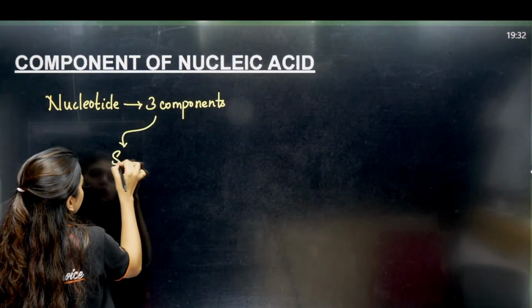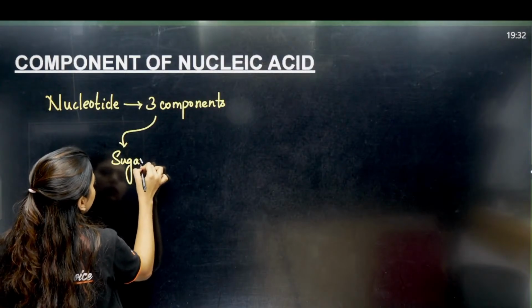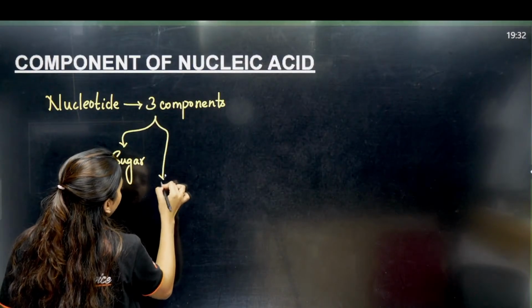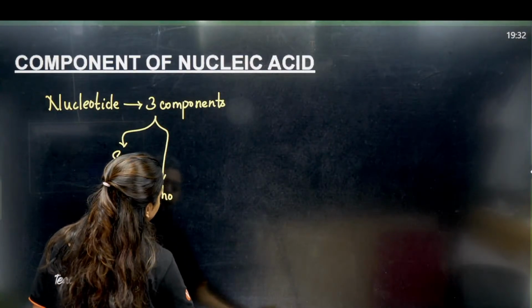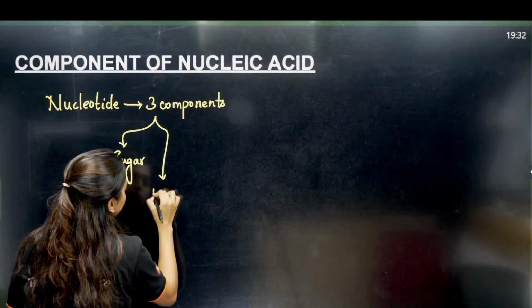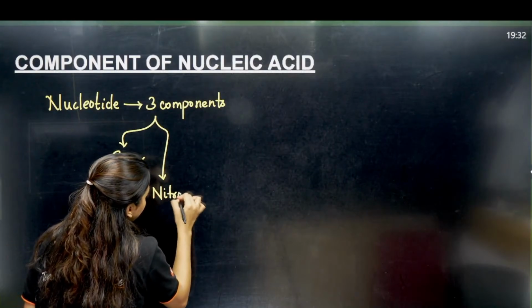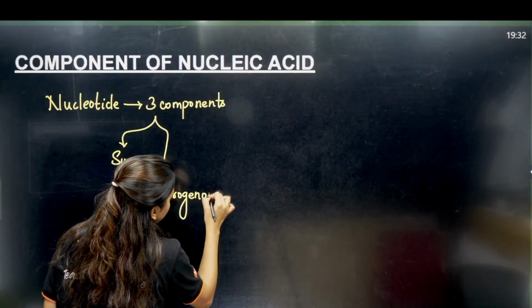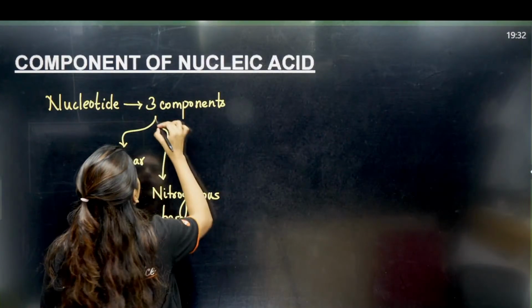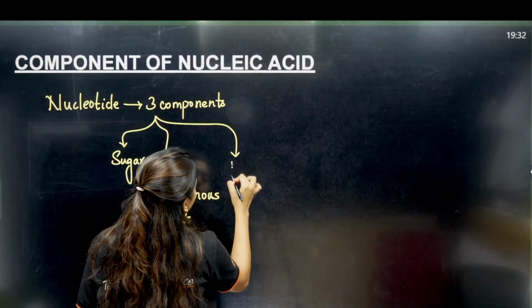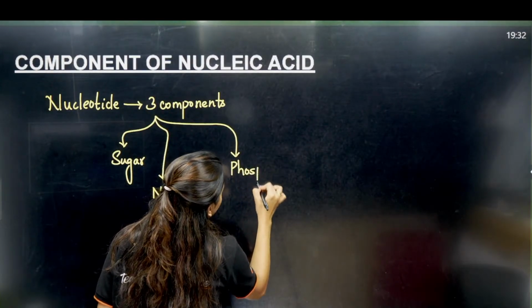First, it is made up of a sugar molecule. Then it is made up of a phosphate molecule. Wait, let's write nitrogenous bases first. Nitrogenous bases. Another one is the phosphate group.